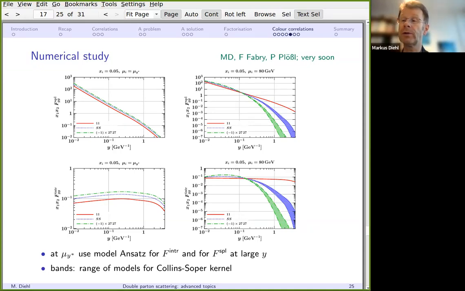That was also this plot I showed you before. That kind of discarded the possibility that you circumvent the Sudakov suppression by having a parton splitting here at a certain distance y, which is much closer to your final scale than the non-perturbative intrinsic scale of the proton.